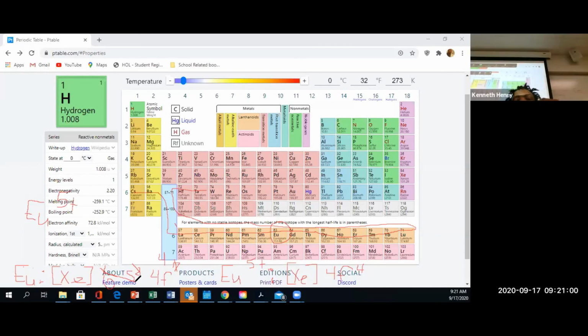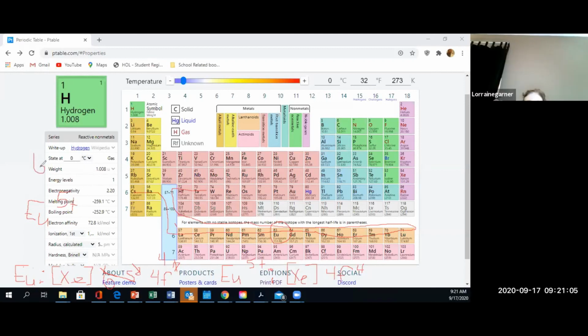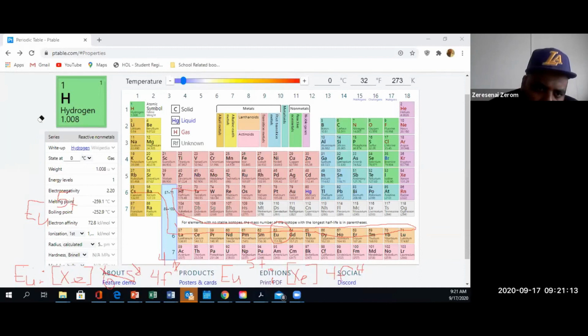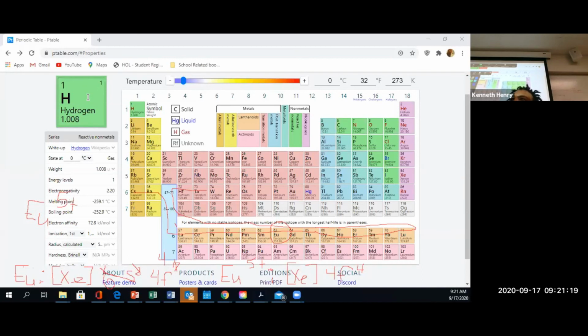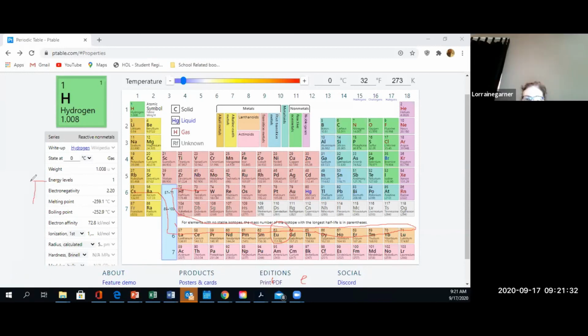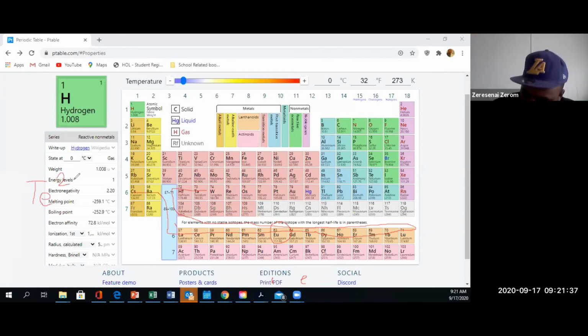Okay, so what happens if we're adding electrons? Then it's going to be a minus charge. So let's say we have Te 2-. Where is it at? 52. Te 2-.